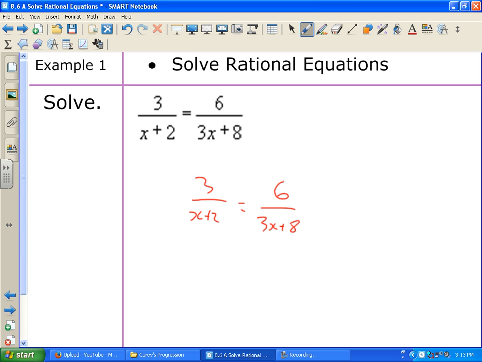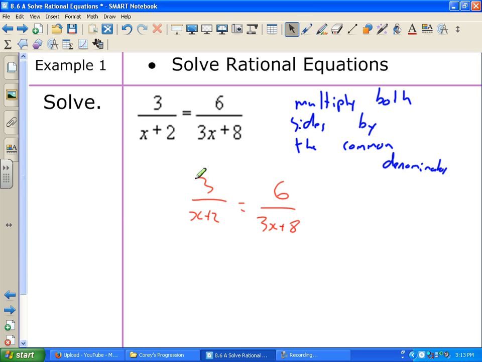So the theme is do it every time. And that is multiply both sides. We're going to multiply both sides by the common denominator. Must be important if I've written it down twice.